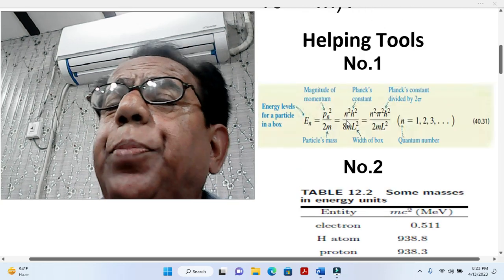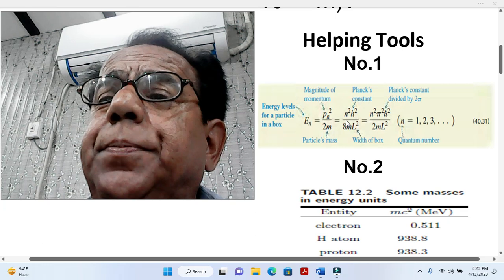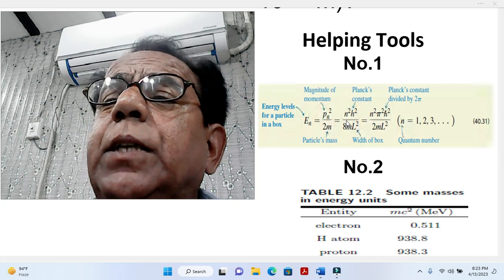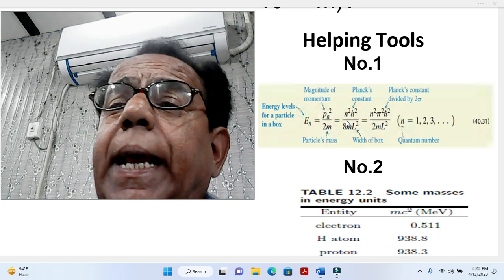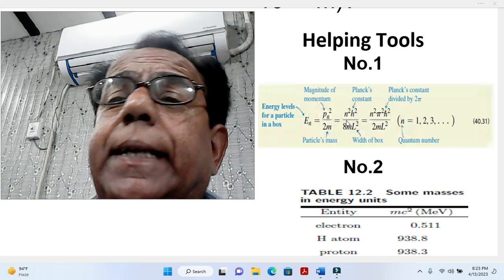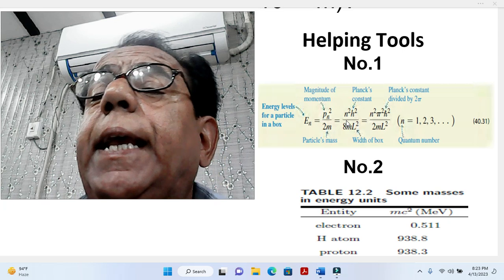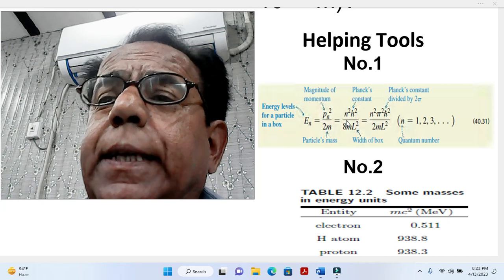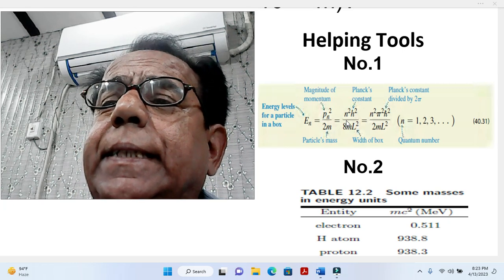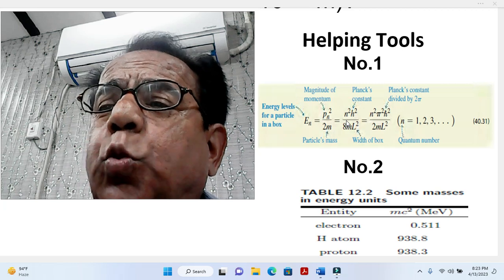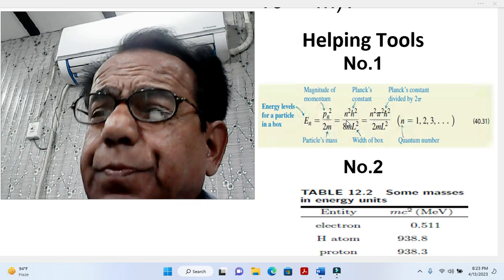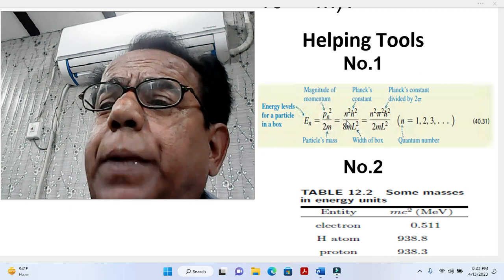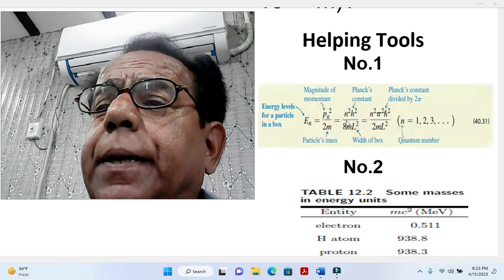In helping tool number 1, energy levels for a particle in a box, En, have been described. En is equal to Pn square over 2m, where Pn is the magnitude of momentum and m is the particle's mass.